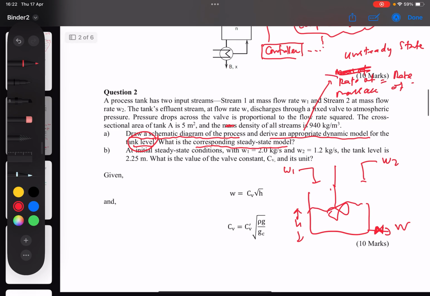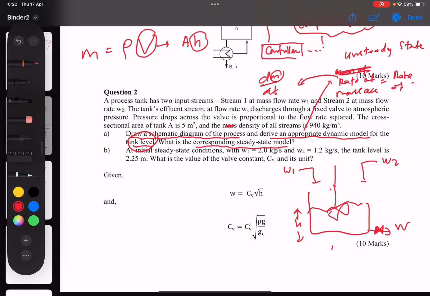The rate of mass accumulated should be dM/dt, but we know that mass equals rho multiplied by V, and for the tank, the volume equals area multiplied by height. So what they want here is dH/dt.